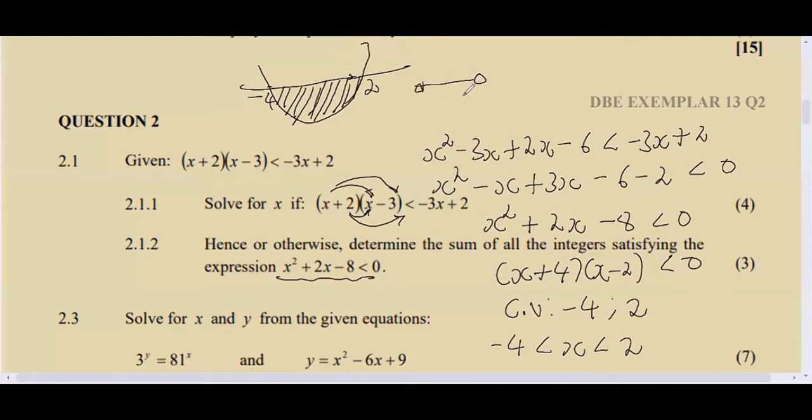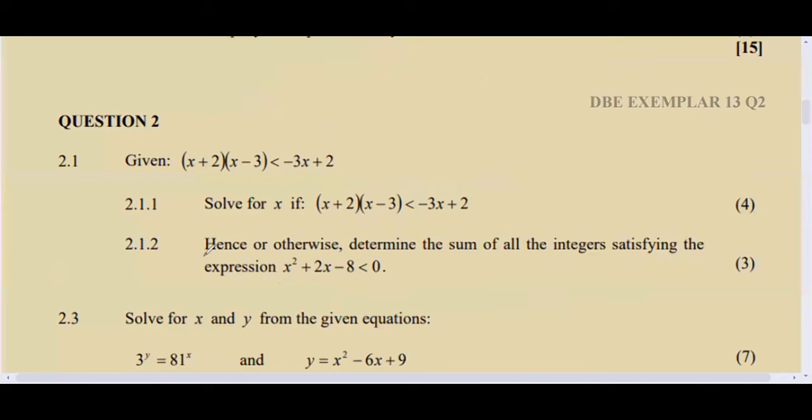So hence, we are not even shading here. When we leave it like that and we are not shading, it tells you that the critical values are not part of the solution. Okay, so that's how you would do that one.